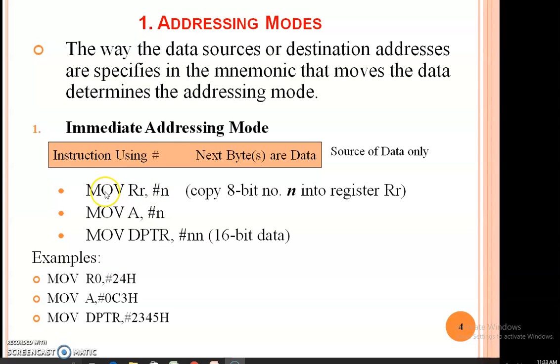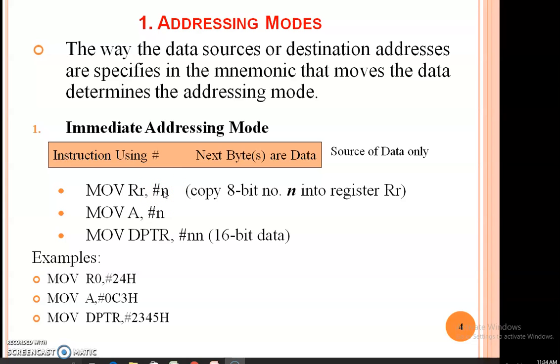Let us see MOV Rr, #n. Capital R, small r means it can be R0 to R7. These registers are there in every bank; bank 0 to bank 3, 4 banks are there. Every bank consists of R0 to R7, 8 registers, so you can use any register. And n means 8-bit data.